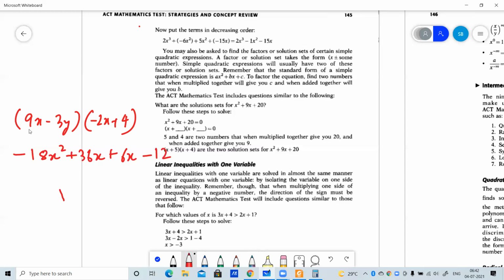Okay, so 9x times negative 2x will be negative 18x squared, and then you'll be having 9 times 4 is 36, and then negative 3 times negative 2 will be positive 6.